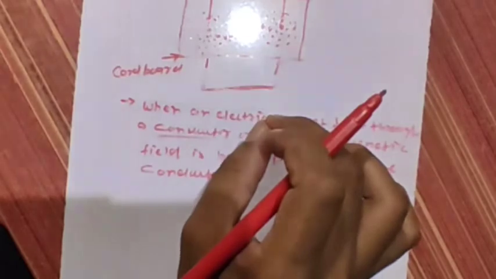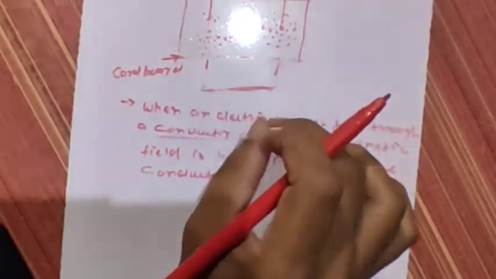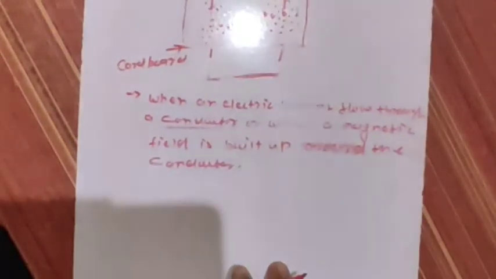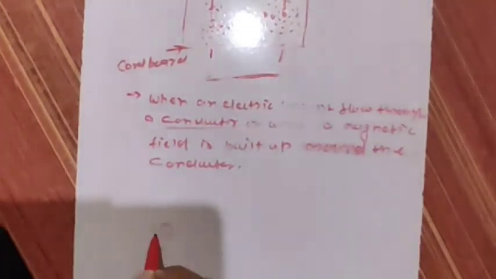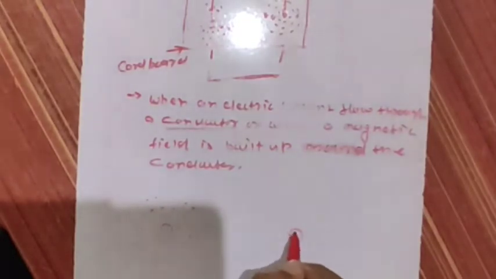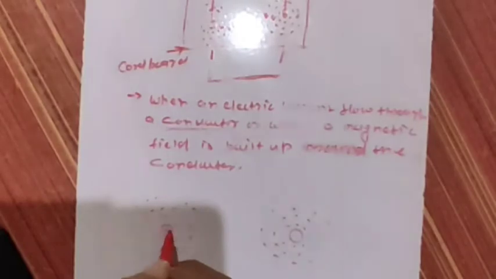The direction of magnetic flux around the wire, that is the magnetic field created across the conductor.